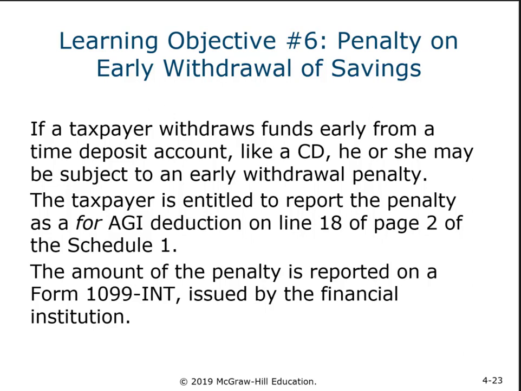You pull it out early, they're going to charge you a penalty. And it'll be reported to you on the 1099-INT. That's the same place that they're going to show you the interest you actually get paid for the CD. So put it on the Schedule 1. Usually not a big amount or anything like that.